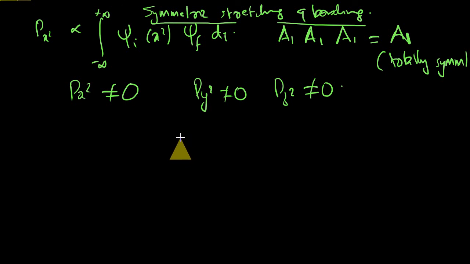You can also find out xy, xz and yz, but I am not going into that because it is not necessary. If any of these components is non-zero, then the vibration will be Raman active. So the symmetric stretching and the symmetric bending vibrations are Raman active.